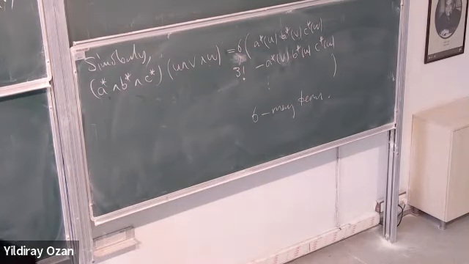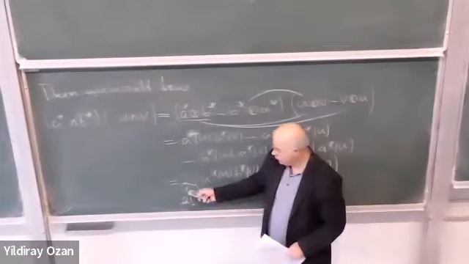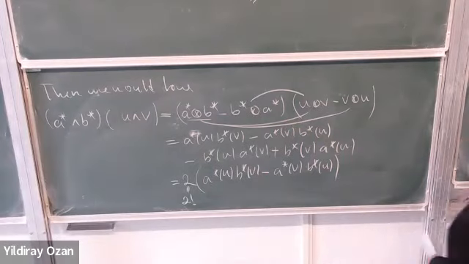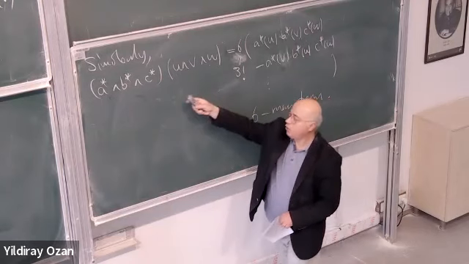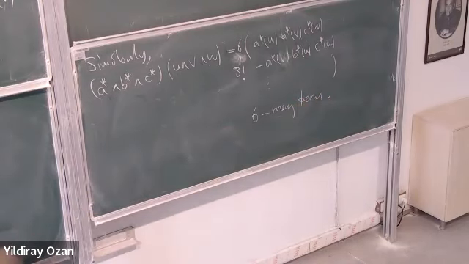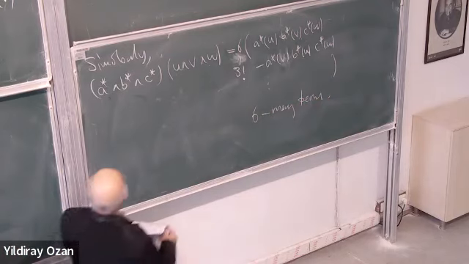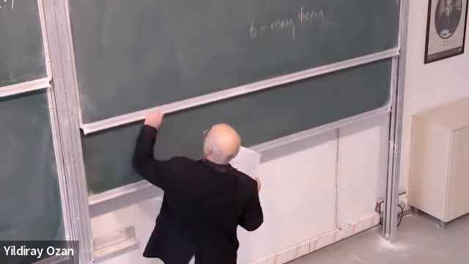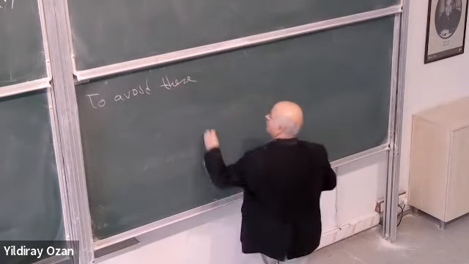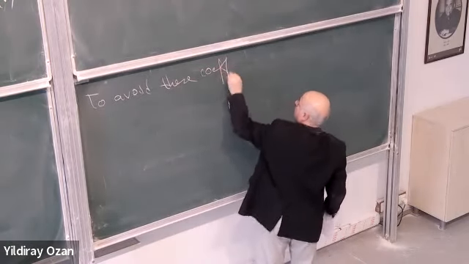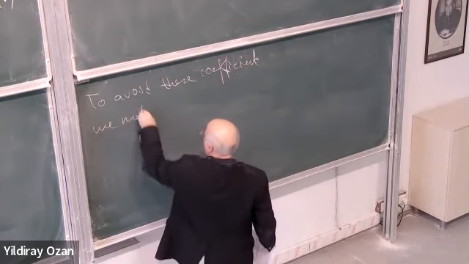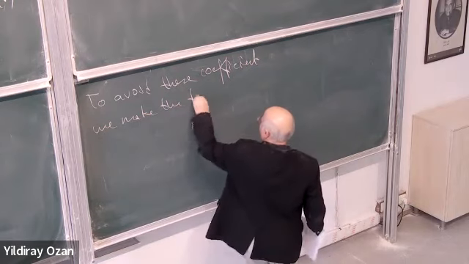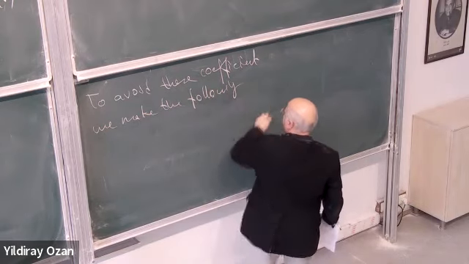Here we have 2 factorials of this gadget, and here we have 3 factorials of them. And you see, if you have n terms, then you will have n factorial. So to avoid these coefficients, we make the following definition.